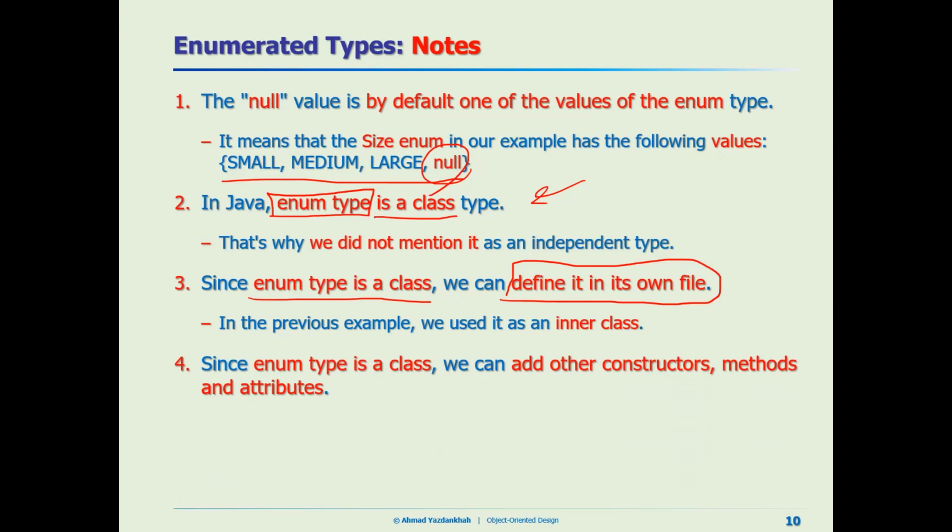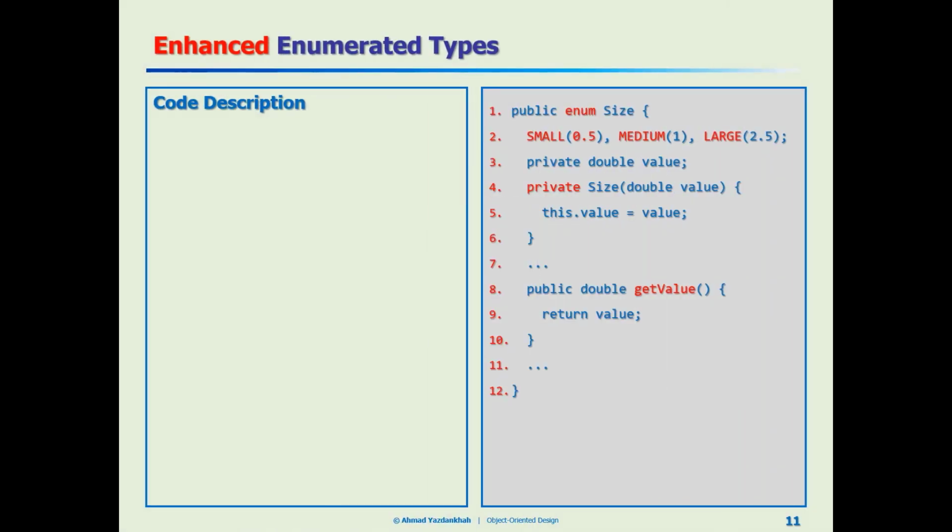And the other thing, again, it is a class, so it can have constructors. It can have methods. It can have attributes, right? Let me take an example to show you how it is possible. It's just a simple example.